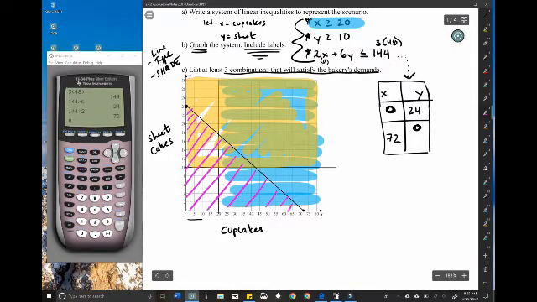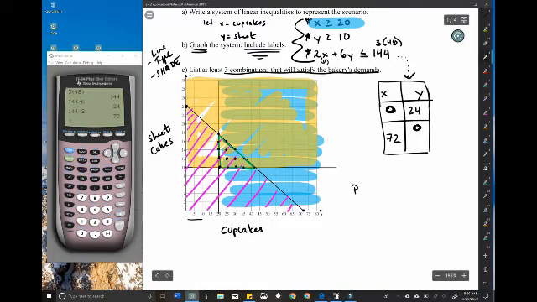Now, the actual satisfactory solutions are in the triple-shaded region. When it asks to list at least 3 combinations, you're generally going to want to pick the whole number ones. Really, you could pick anything on any of the lines, but I'm not looking for anything too crazy. It just has to be something within that region.